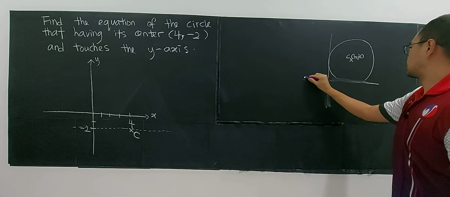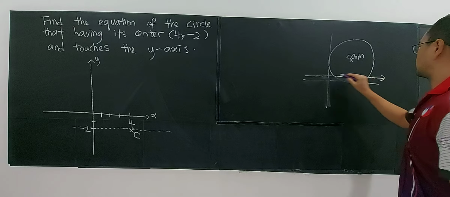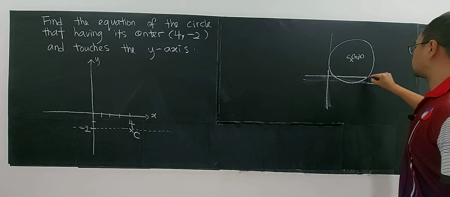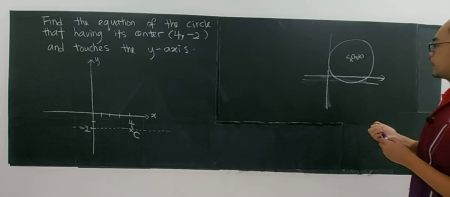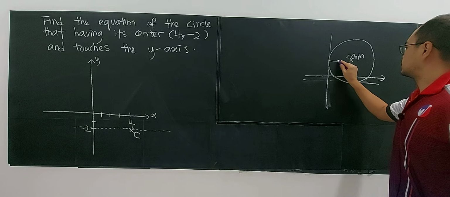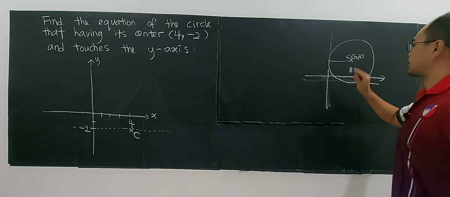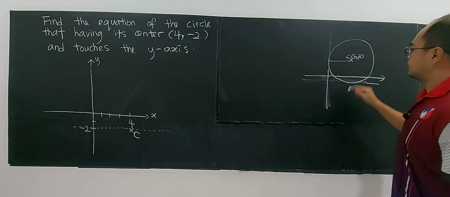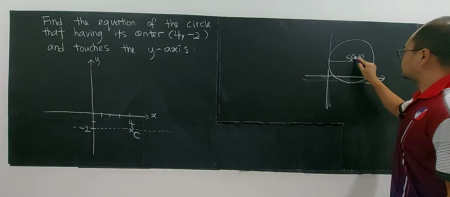So if they touch the y-axis, this is to show that actually we can find the length of the radius. How? Because this is the h, right?